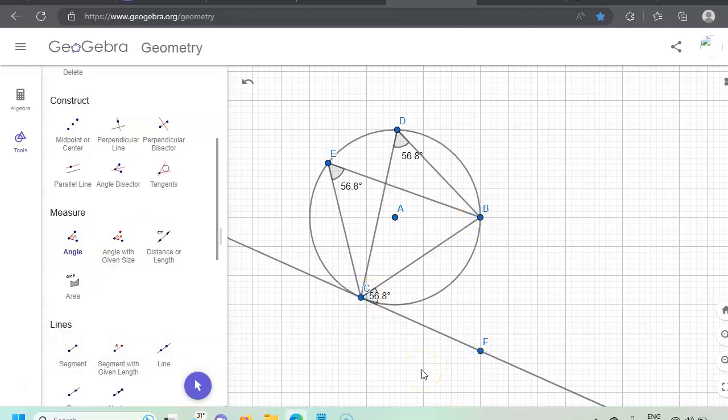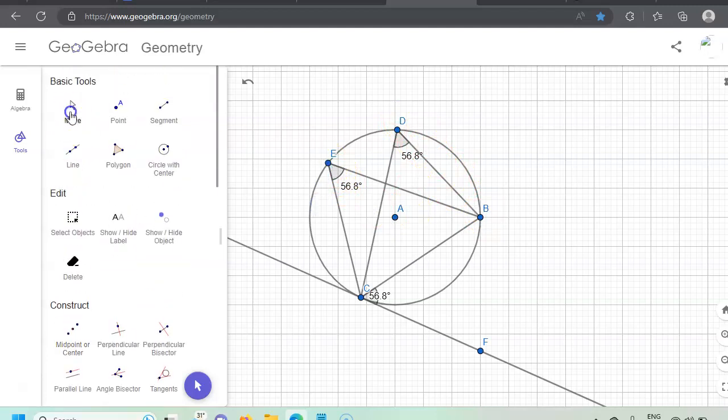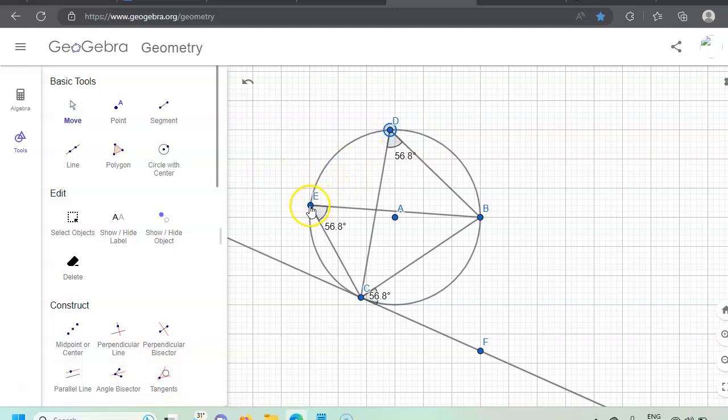See, the angle formed with the chord CB and the tangent line CF is always equal to the angle at the alternate segment, wherever we place the points.